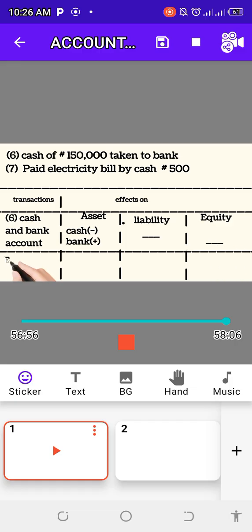Then the other transaction, paid electricity bill. The two accounts involved are cash and electricity bill account. Electricity bill account is an expenses account. So expenses account is increased, and cash account what? Decreases. It has no effect on liability and has no effect on equity.